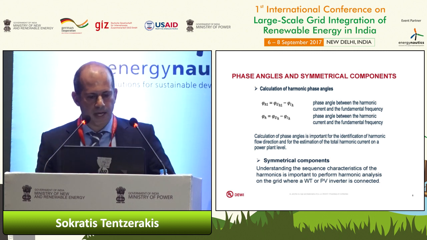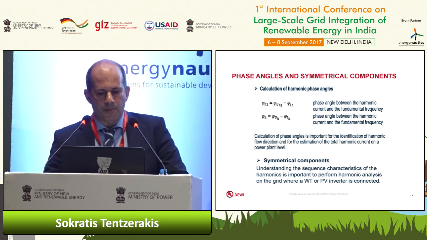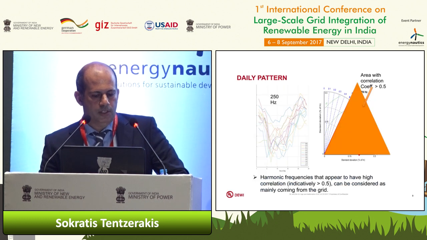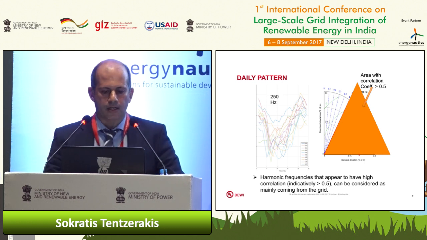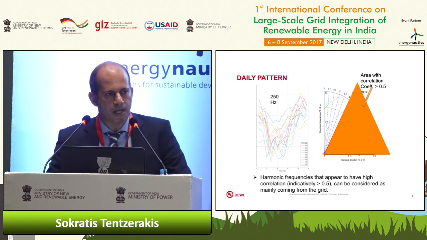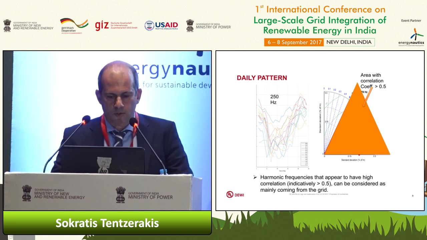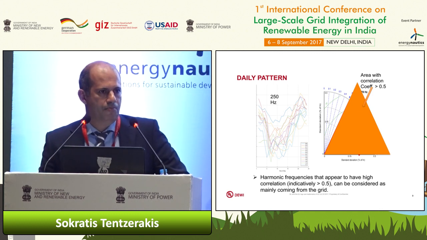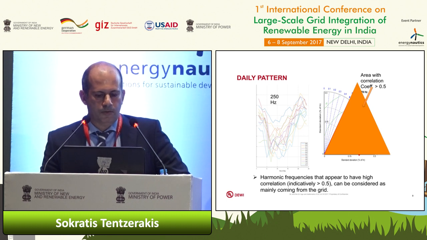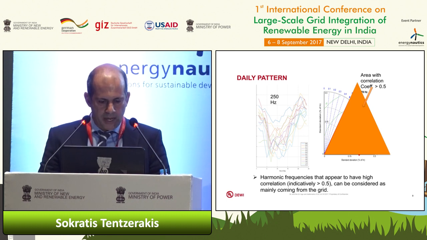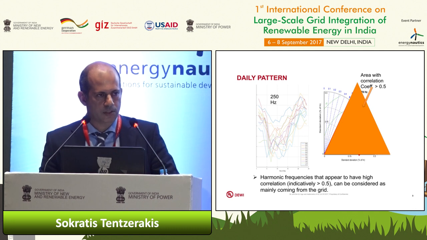What about the daily pattern? Here you see some measurements on a daily basis, 24-hour, presented for the fifth harmonic order. Many days are included. In the left diagram, we present simply the time series of these harmonics. We see indeed a profile, which means that during the morning hours there's a valley in the curves, and in the night there's an increase.